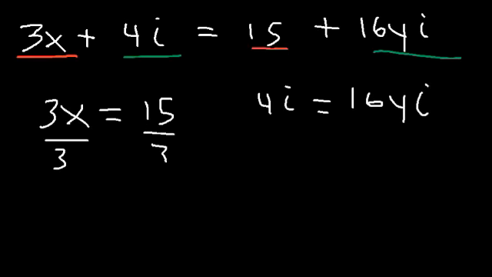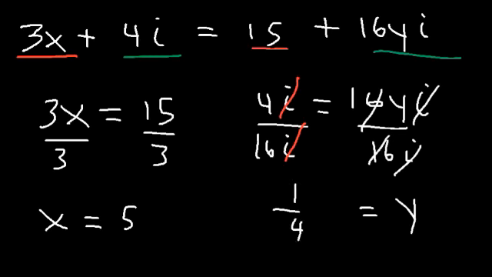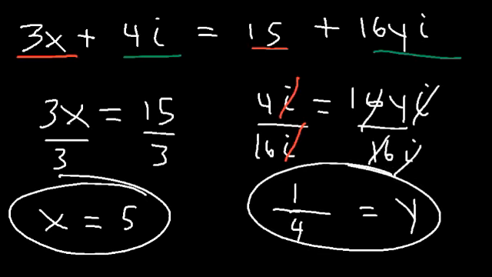So let's divide by 3. 15 divided by 3 is 5, so x is 5. And for the second equation, let's divide by 16i. So on the right side, all we have is just y. On the left side, the i's cancel. 16 divided by 4 is 4, so 4 over 16 must be 1 over 4. And so those are the answers.